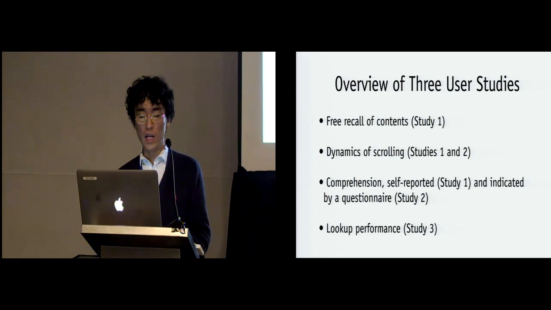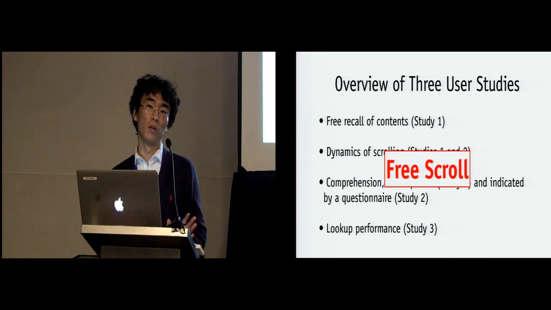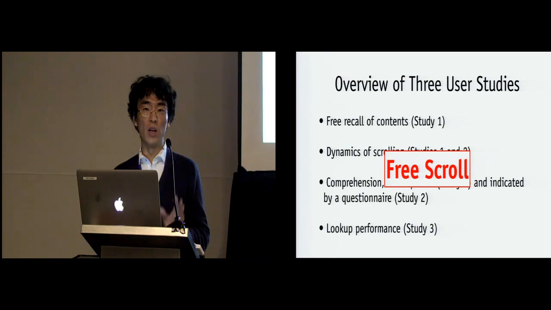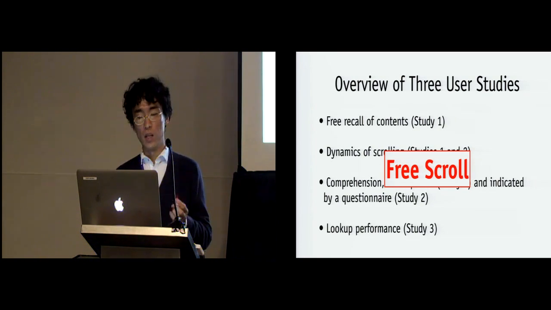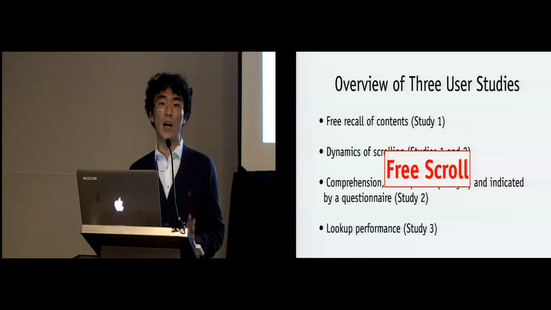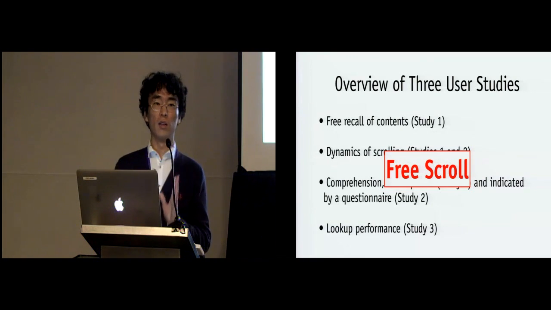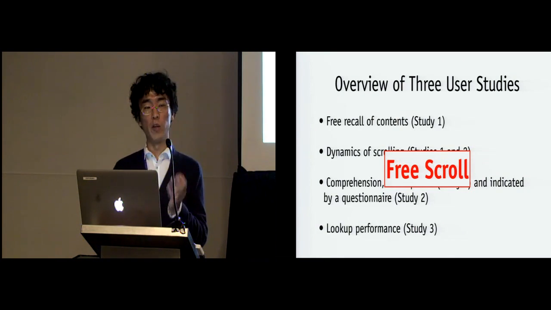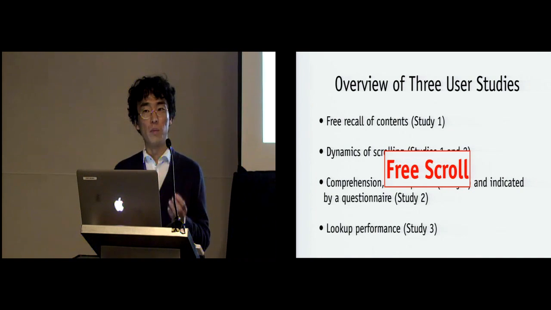The important idea here is that we didn't control the scroll speed of users during the user study. This means that we have maximized the ecological validity for each of the tasks. However, we still limited the time to be short, so they should use their reading as a skim. They should skim read the document with time pressure.